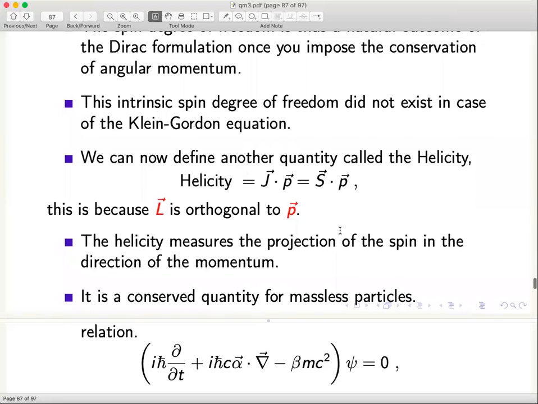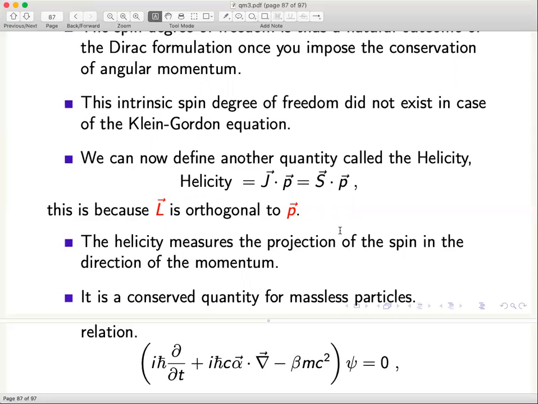So helicity in that sense is not a very well-defined quantity for massive particles, but it is a good quantity for massless particles. It is in fact conserved because there is no Lorentz frame in which you could change the direction of the momentum of a massless particle. For example, if you are looking at a photon, which is given by the electromagnetic field A mu, and since that electromagnetic field carries a Lorentz index, it is a spin 1 object.